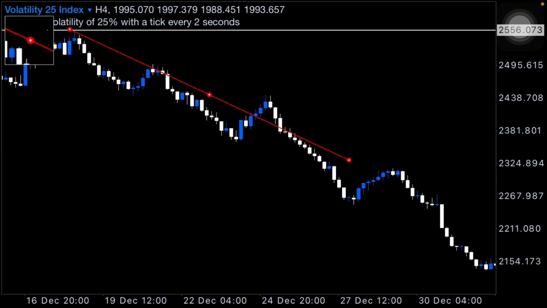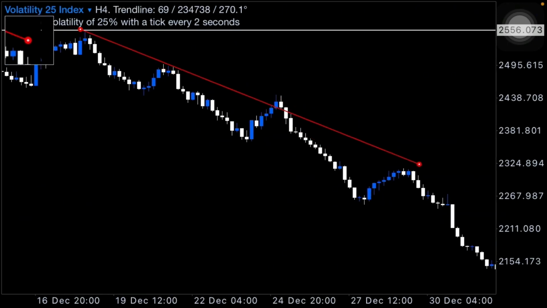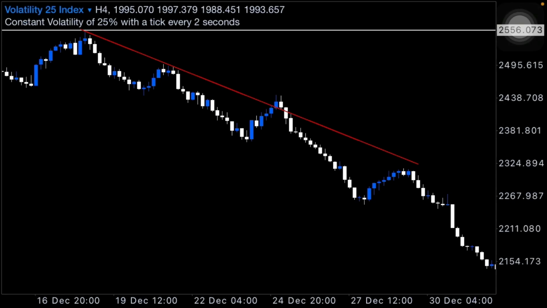Then after marking the swing high, I'll pull the trend line tool and draw a trend line to touch the first 3 points of the market. Why the first 3 points? I never knew whether it's bullish or bearish, so the first 3 highs or lows, you need to draw a trend line to touch them.